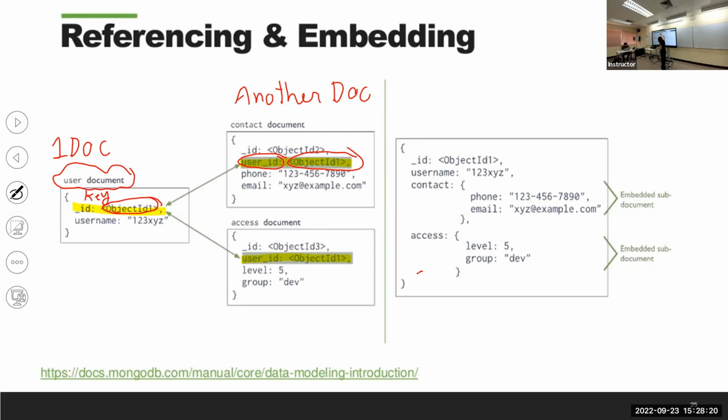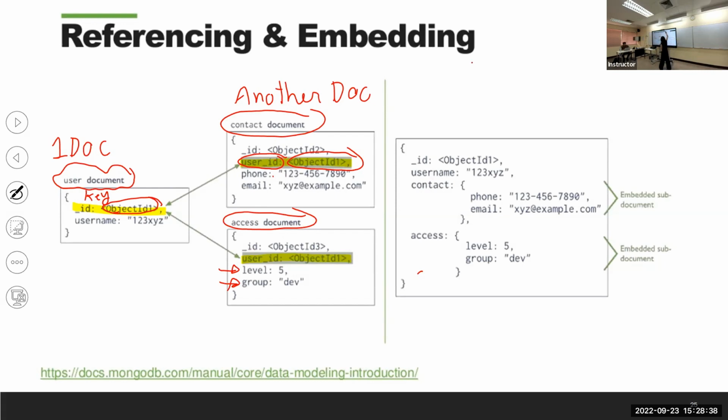So we can say that this contact document explains that this user ID has this phone and this email. This other access document says that this user ID has this access level and group.